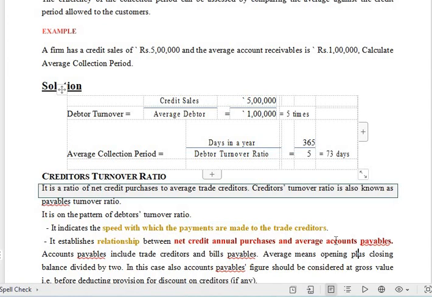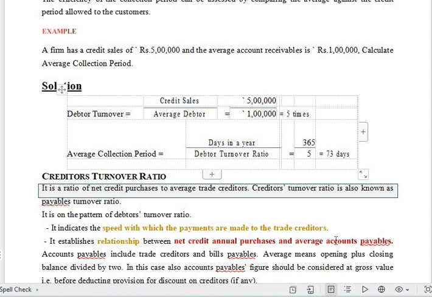Here you have to find out the net purchase. Net purchase is the total purchase less cash purchase and purchase return. The balance is what we call net purchase. Net credit purchase divided by average accounts payable.